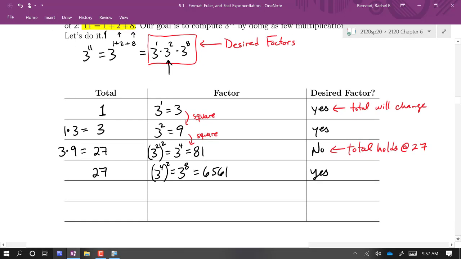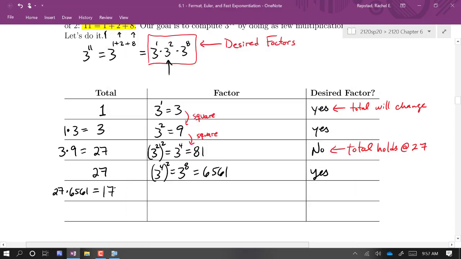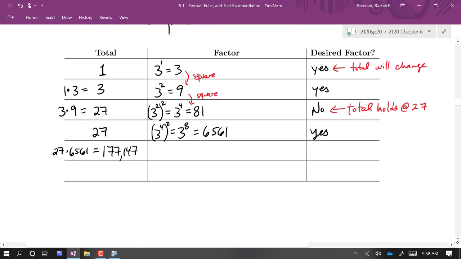So we're going to change the total. This is our last desired factor, so we're going to change the total one last time. $177,147. That was our last desired factor. That means that this new total is the result that we were looking for.